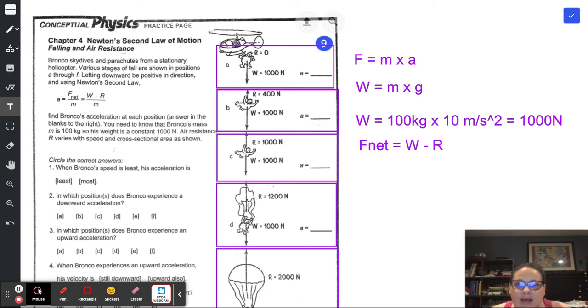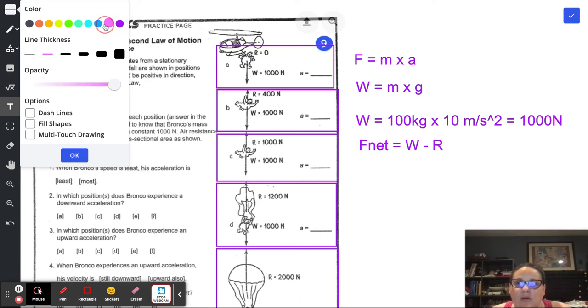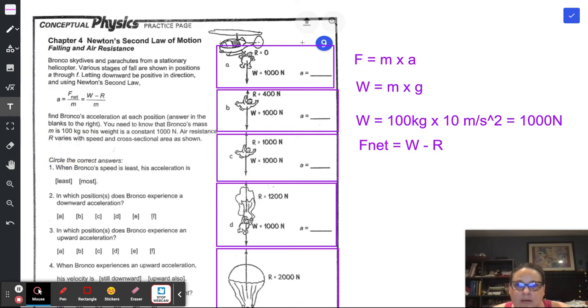So for A will be 1,000 minus 0. So the net force for A will be 1,000 newtons. So that's a net force. For B, the net force will be 1,000 minus 400.